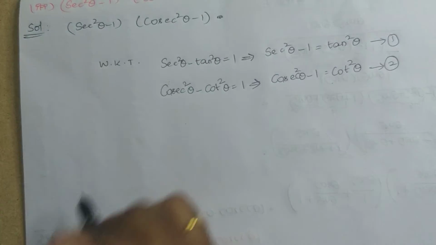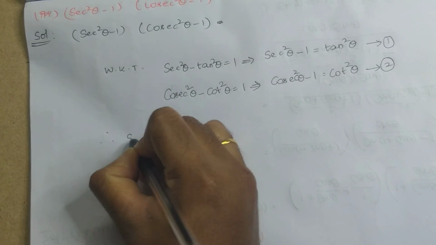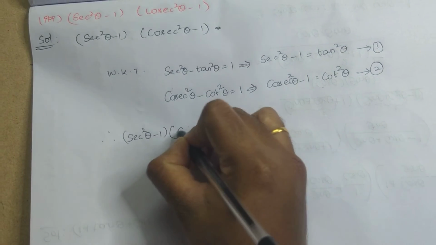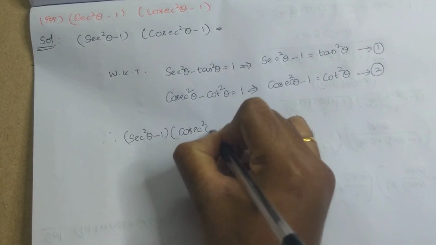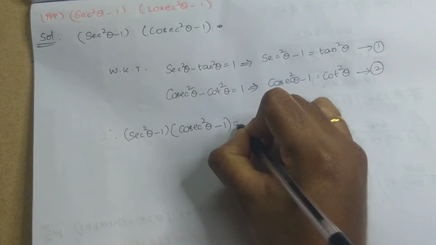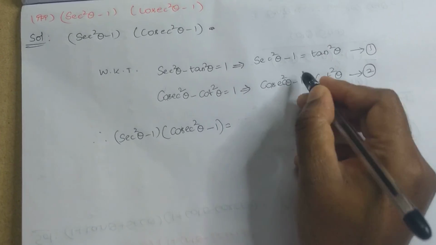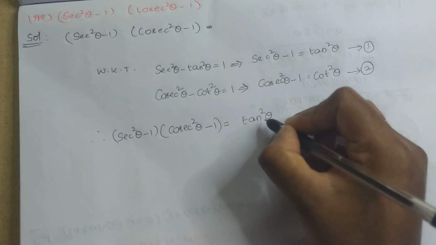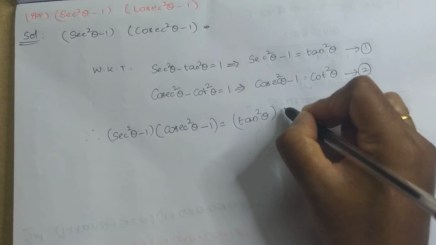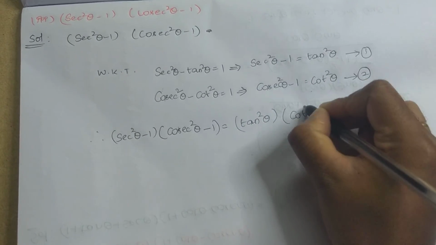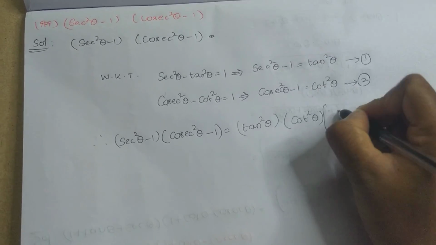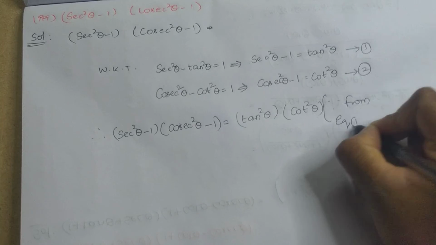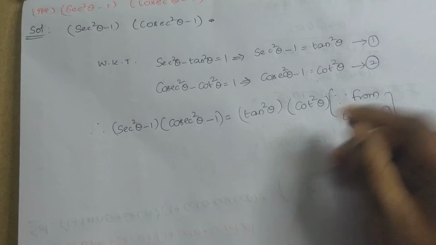So what will I write? Let me continue it here. (Secant square theta minus 1) into (cosecant square theta minus 1) equals secant square theta minus 1. Can I write it as tan square theta? Yes, you can write. So tan square theta into cot square theta. Write in brackets, since from equation 1 and 2 you got this.